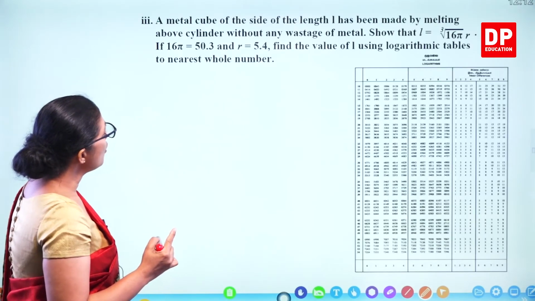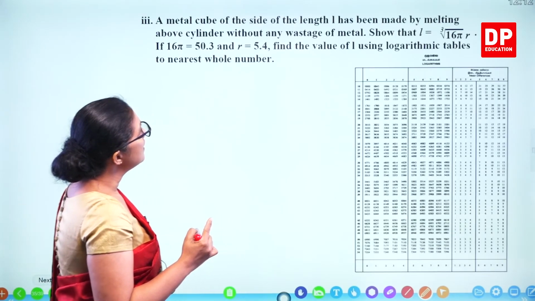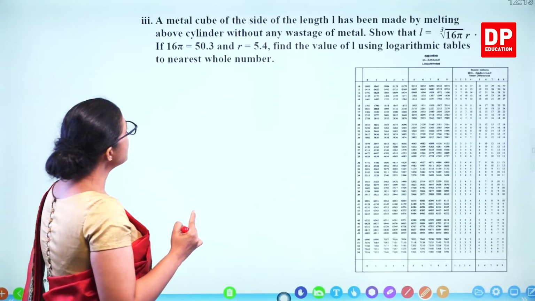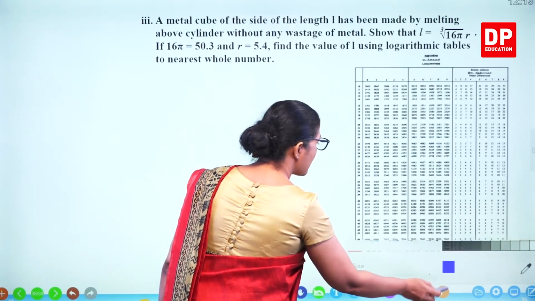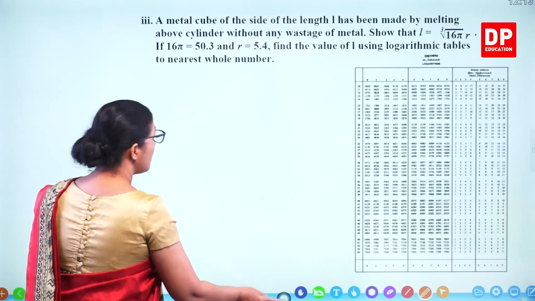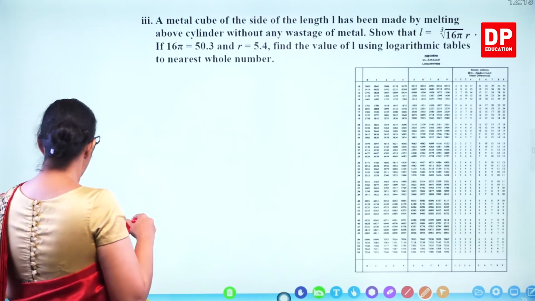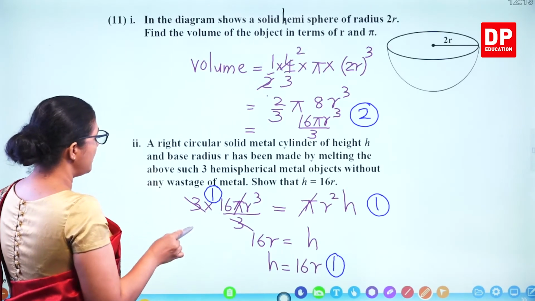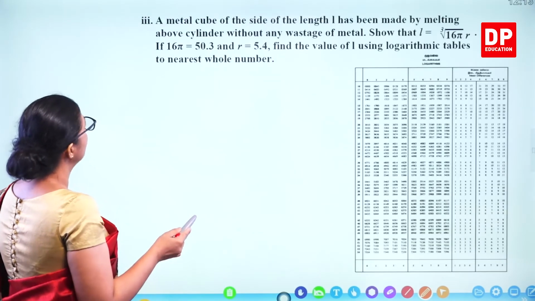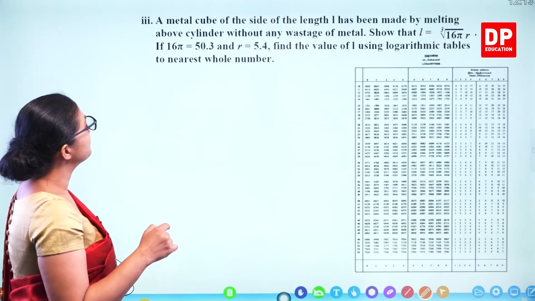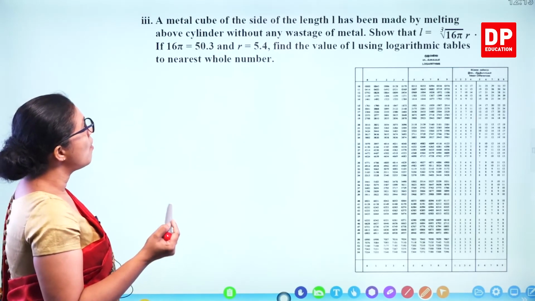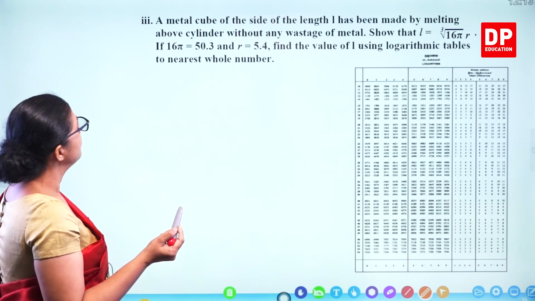A metal cube of side length L has been made by melting the above cylinder without any wastage of metal. Again, you got this one now. The cylinder height h is 16r. A metal cube, side length L, so all sides are equal.